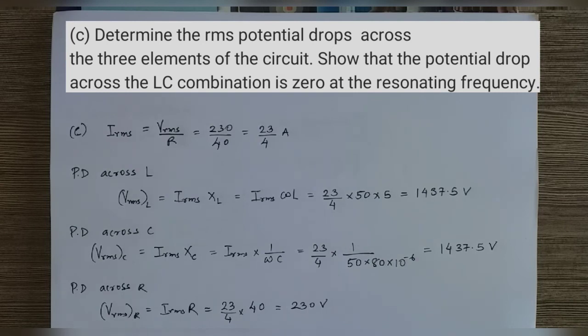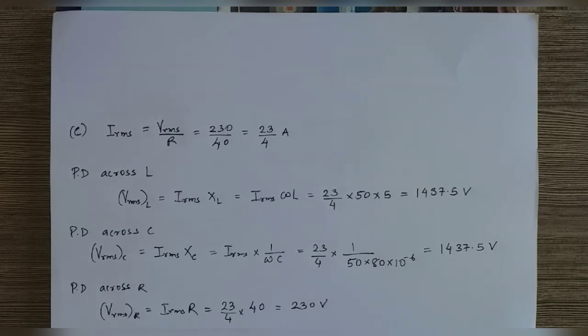Now we also have to show that the potential drop across the LC combination is 0. It is very easy.